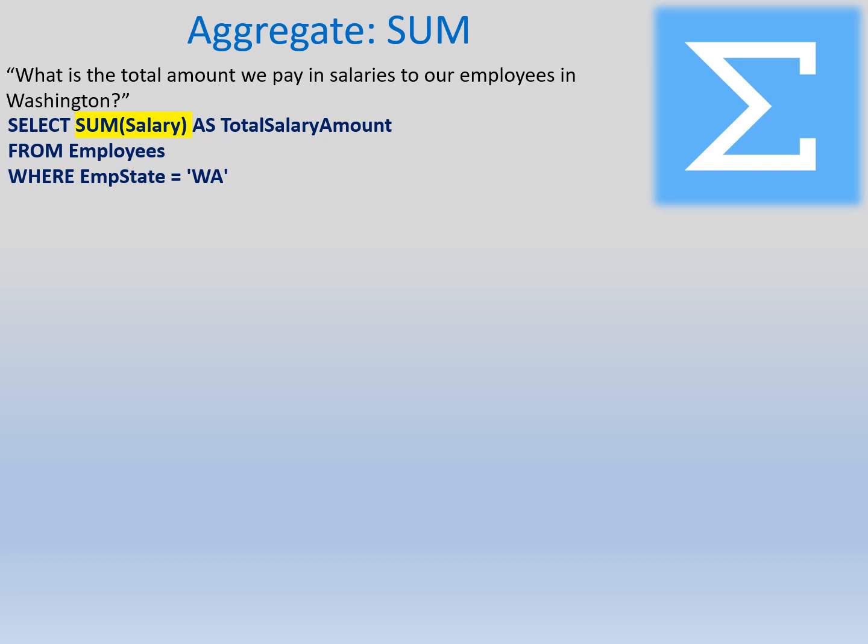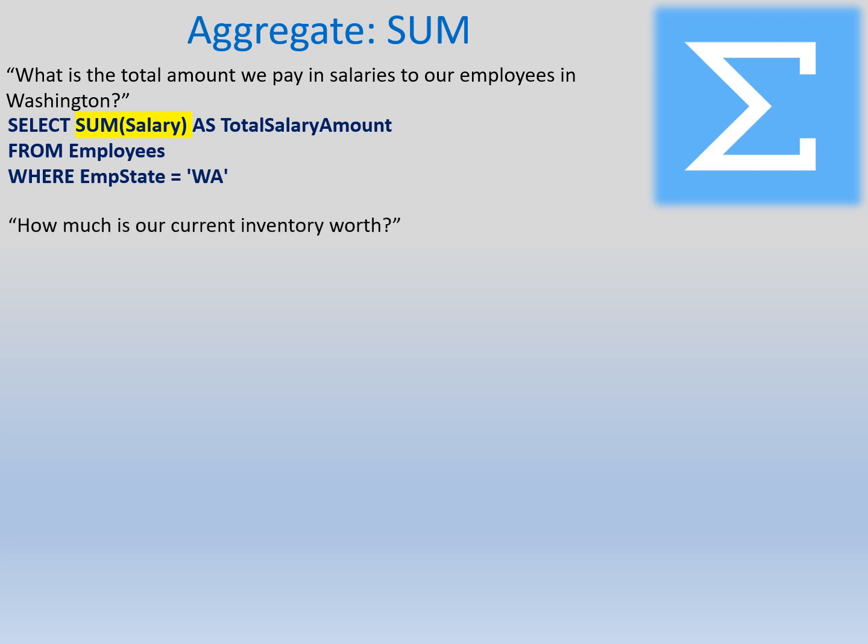We have a condition here because we only want the salaries of employees in Washington. Therefore, we have a where clause with the condition employee state equal to open parentheses WA close parentheses, which is the abbreviation for Washington.